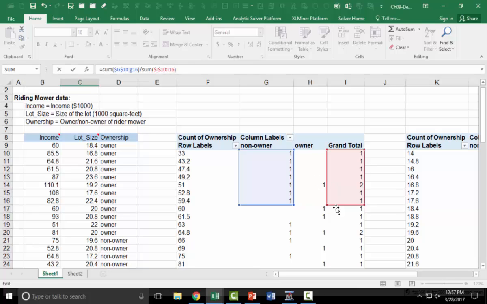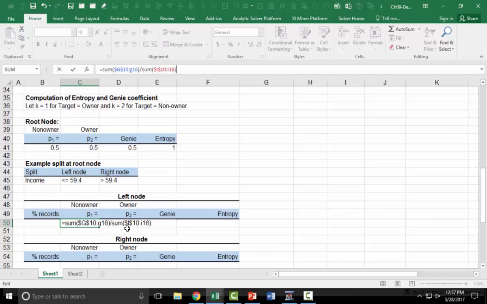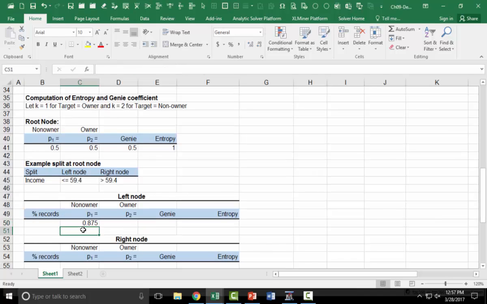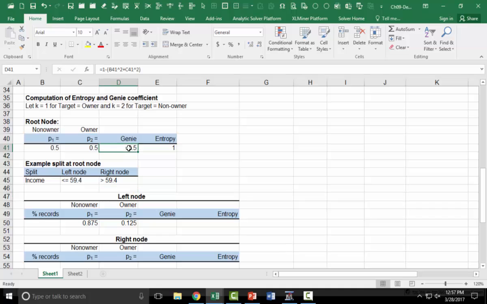The probability of non-owner on the left side node is 0.875, so 1 minus that will be the owners. Now the formula for Gini index and entropy is the same as here, so I can just copy paste it, and that will give us the Gini index and entropy.